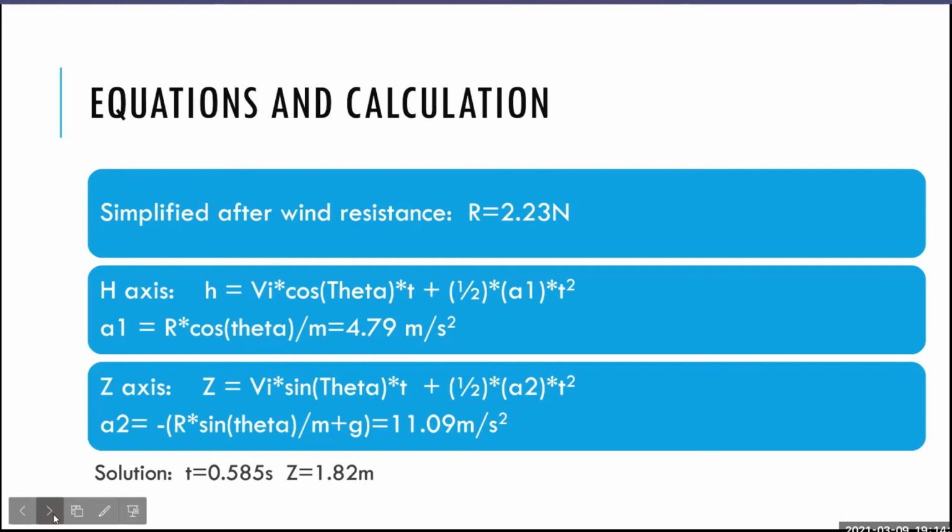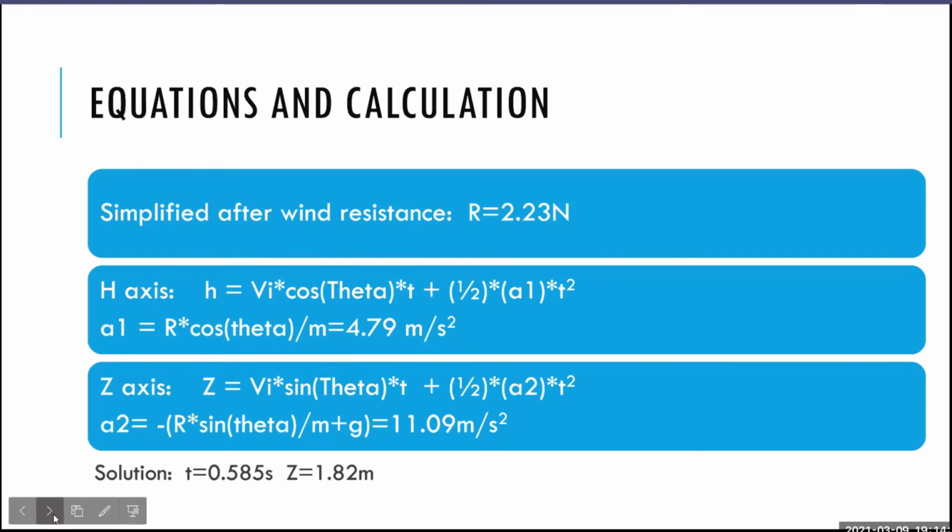We want to solve the problem as a 2D problem, so we also use the h-axis. So along the h-axis, the ball only has the component of air resistance along the h-axis.